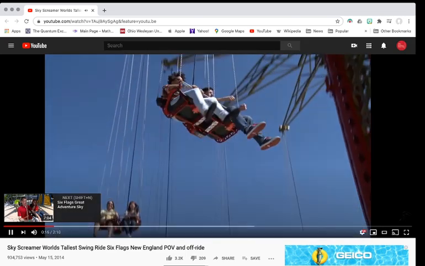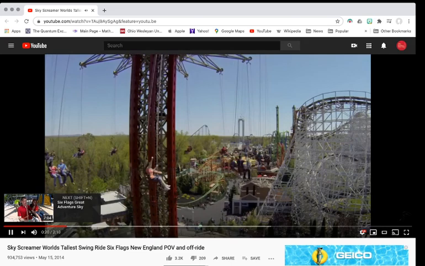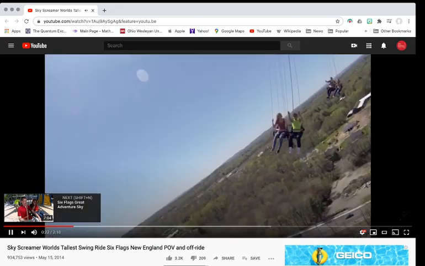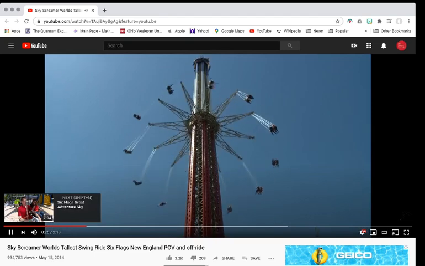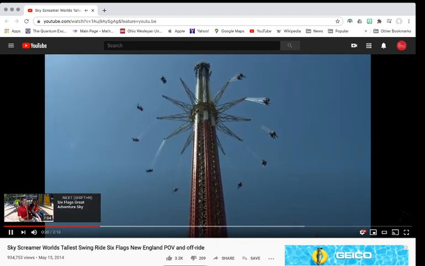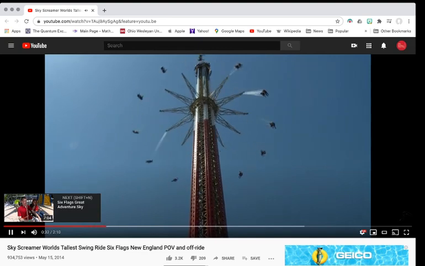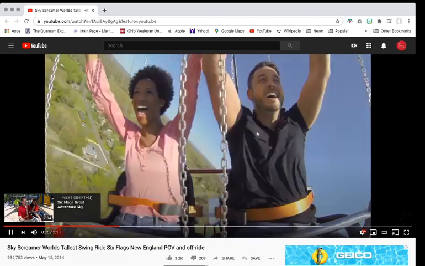And people sit in these swings on the ends of cables, which are on the ends of arms going out. And they take them up very high and then turn them in a circle. Now, I just want us to analyze the circular motion part of what we see here.